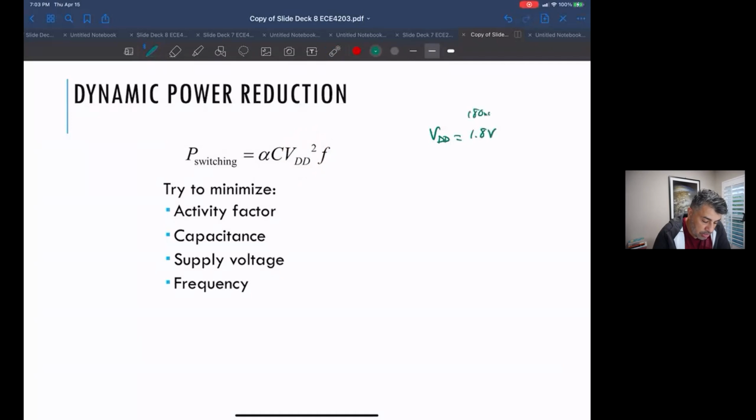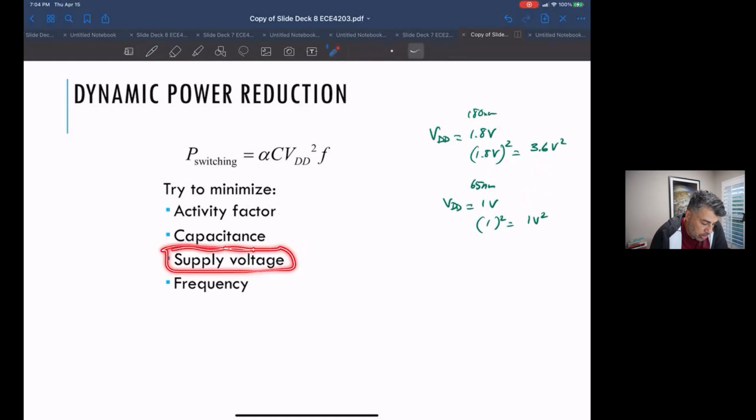This is a 180 nanometer process, and 1.8 volts squared is about 3.6 volts squared. If we were going to use a 65 nanometer process, VDD ends up being 1 volt, and that's 1 volt squared. You can see there's a huge factor here, 3.6x difference in power consumption. So you want to minimize the power supply, and that typically means going into a tighter process.